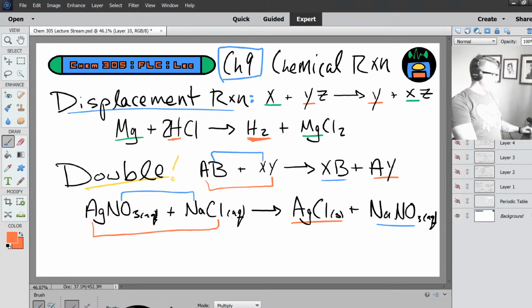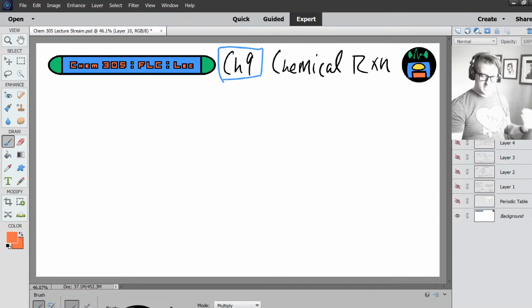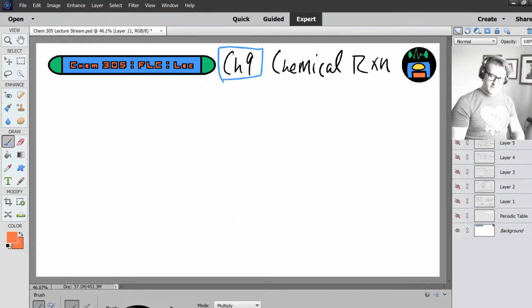All right. So that is the displacement and the double displacement reactions. We've seen some of these. Some of them are brand new. One very common equation that you'll see, that you have seen this semester, that you'll continue to see this summer session.